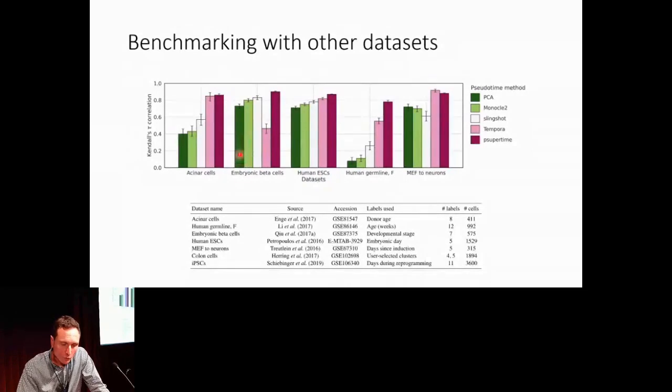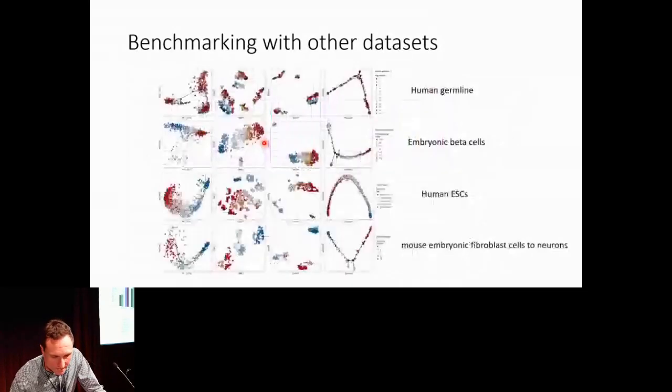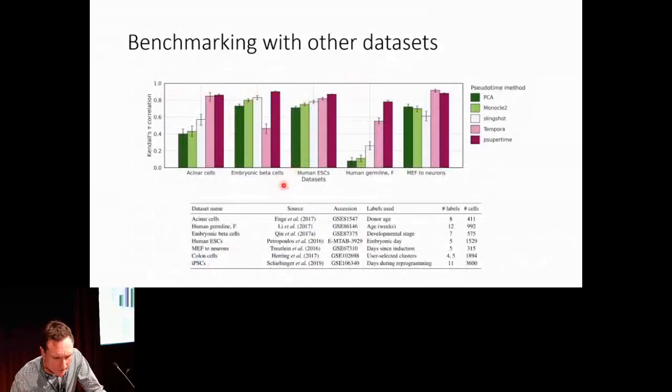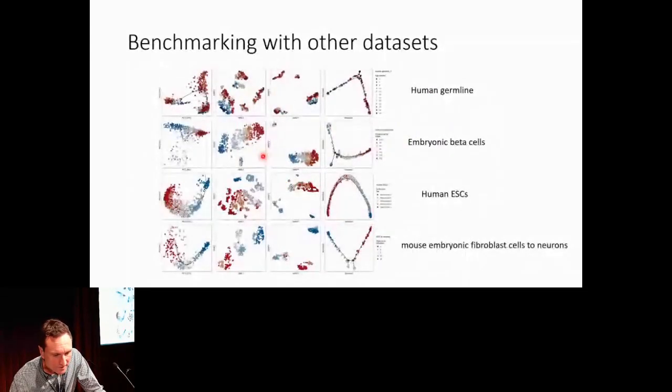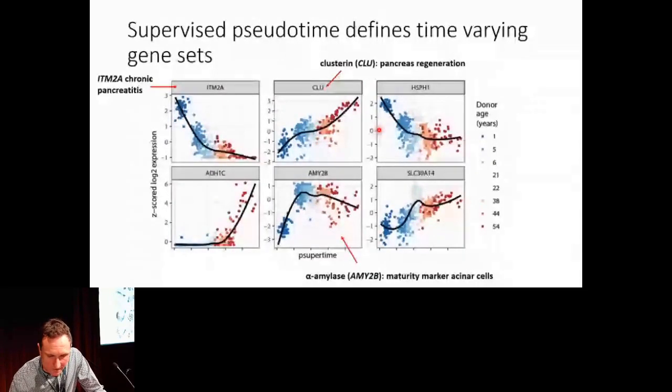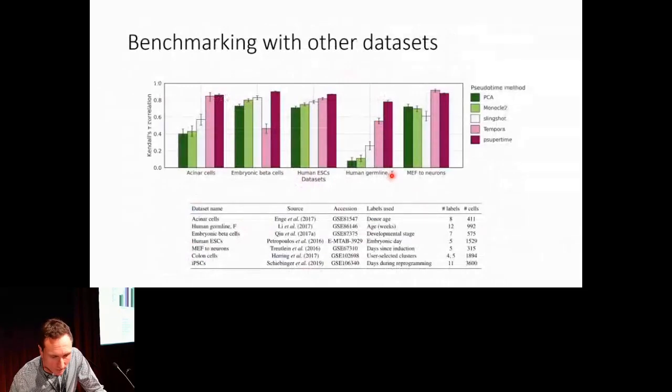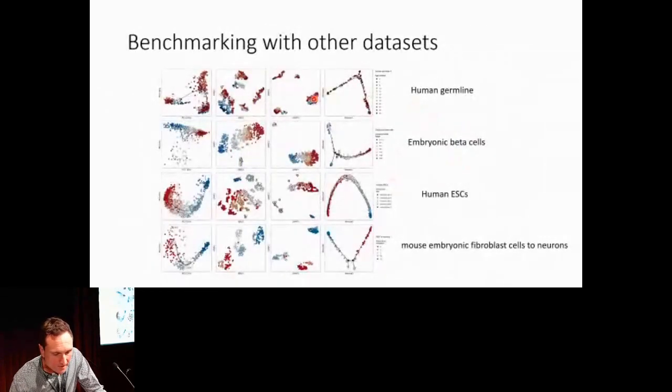You see that for two of the benchmark data sets, psupertime also performs better than this time series dedicated model Tempura. And these are two data sets that, so let me just see, this is the embryonic beta cell data set, that's this data set here in the second row. And it's also this data set for the human germline cells.